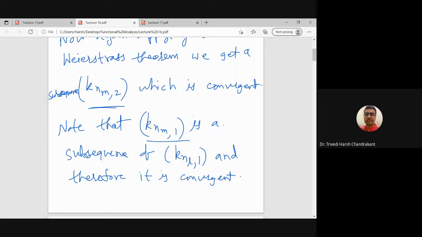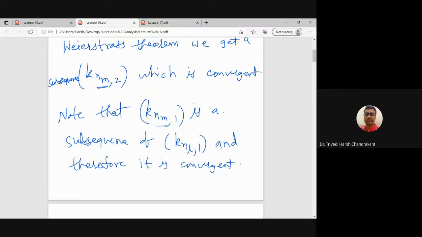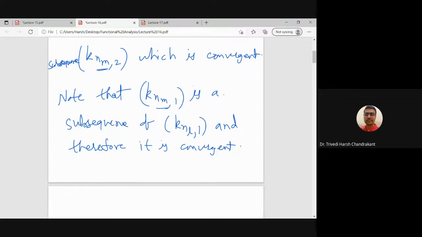Because this is a subsequence of a sequence that is already convergent. What we got is the terms n_m for which both the first and second subsequences are convergent, right?